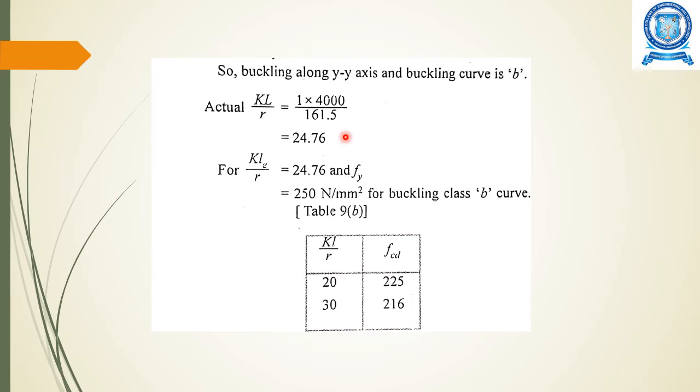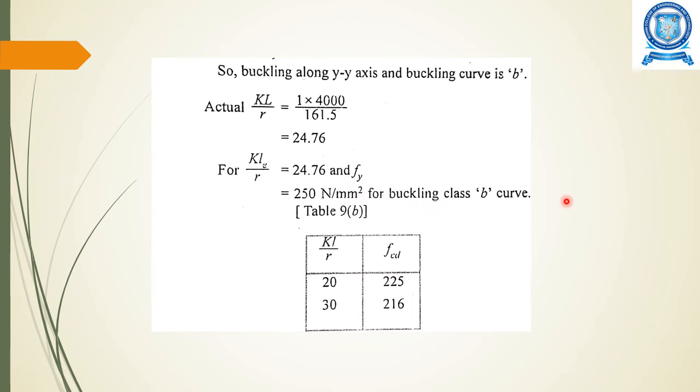The actual slenderness ratio KL by R is 1 into 4000 divided by 161.5, equal to 24.76. From this we have to find the FCD value. We know the slenderness ratio is 24.76 and Fy is equal to 250 Newton per mm square.